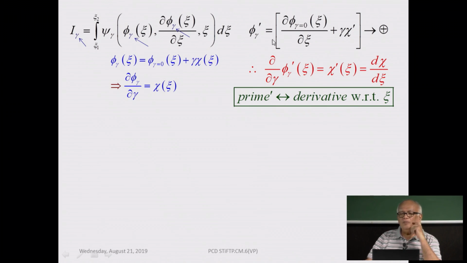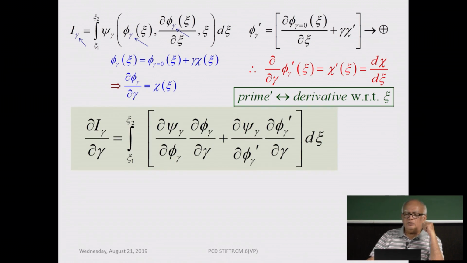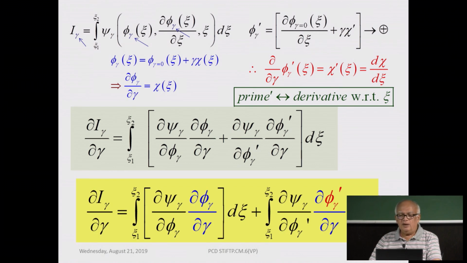So, the derivative of phi with respect to xi also changes because of the control parameter gamma, and this derivative is equal to chi prime. So, this is the relation that we got. Remember that the prime is the derivative with respect to xi and not with respect to gamma.